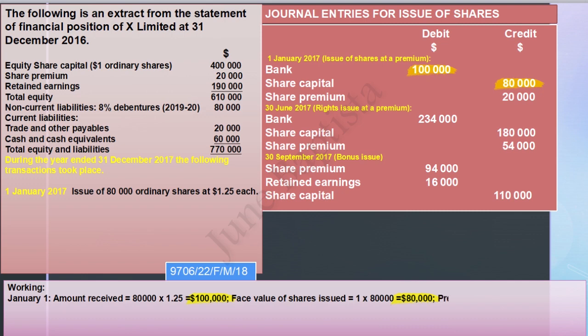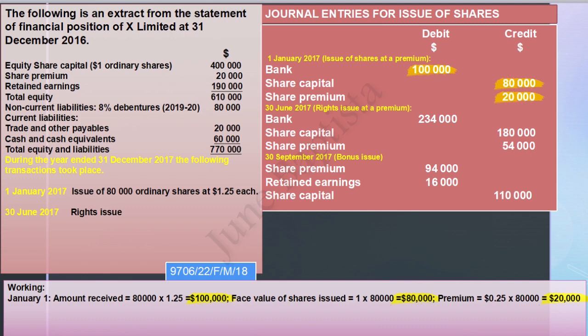Therefore, the total premium received would be 25 cents times 80,000 to give us $20,000. Therefore, in the journal entry, the share premium account will be credited $20,000. Let us now move on to the 30th of June.